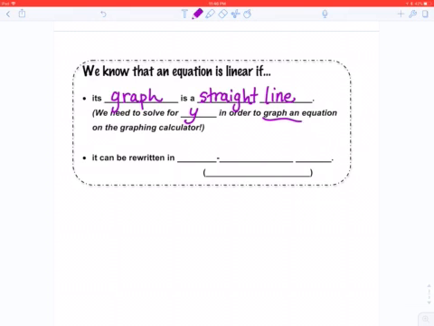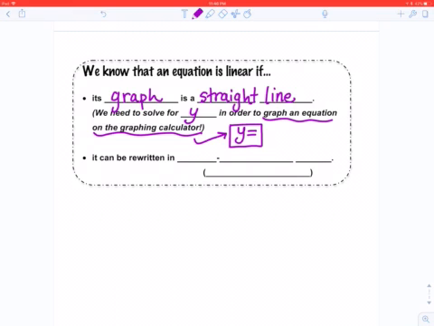When we graph an equation on the graphing calculator, we have to start by pressing the y equals button on the calculator. So it makes sense that our equation first has to look like y equals, or be solved for y.